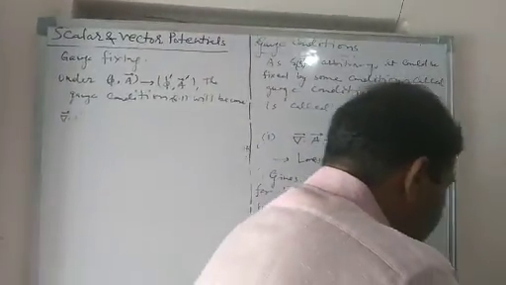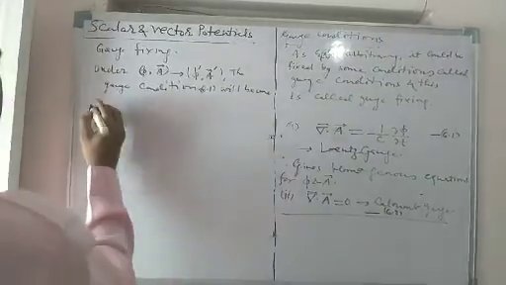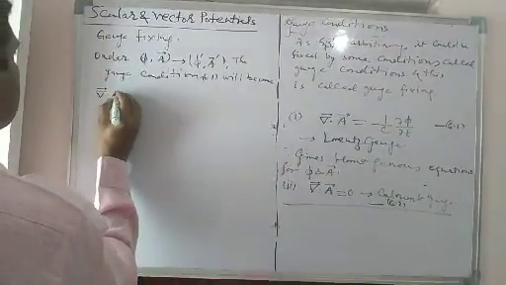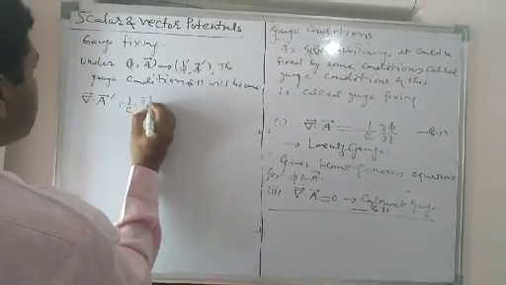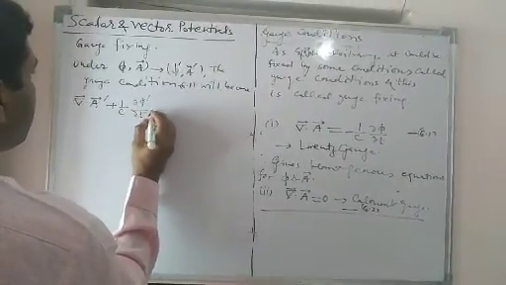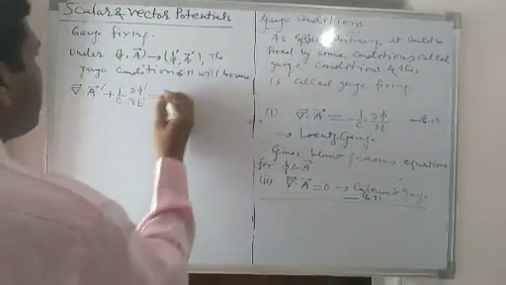So this is going to be del dot A prime plus 1 over c del phi prime by del t. So this would be the transformed one.